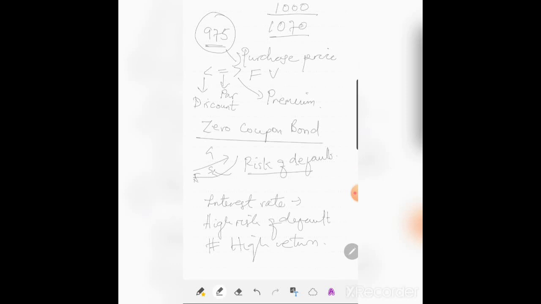Even in a coupon bond, there may be scenarios of fixed coupons as well as floating coupons.